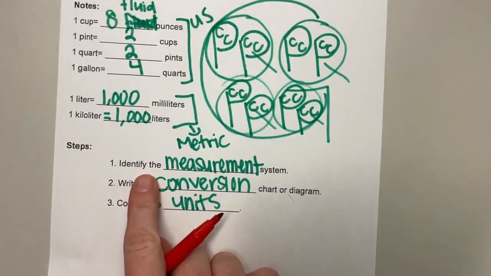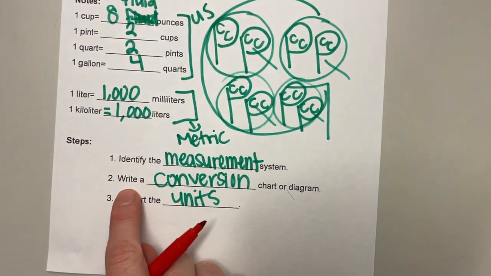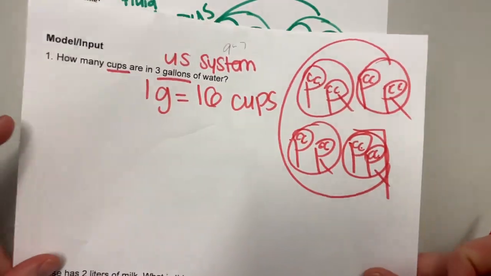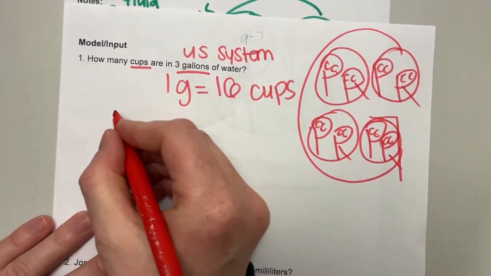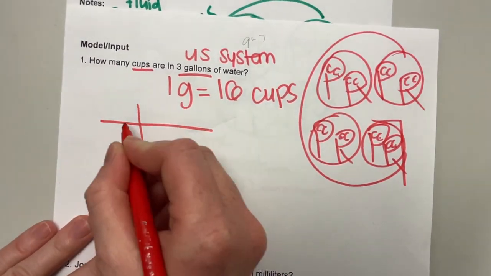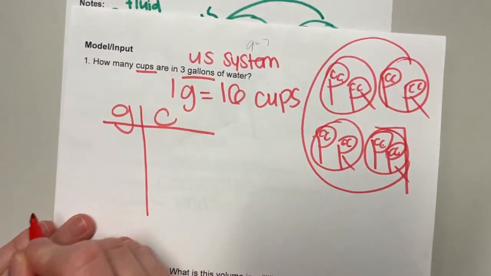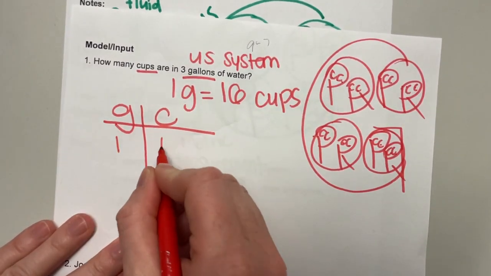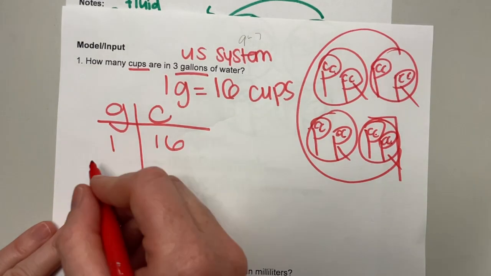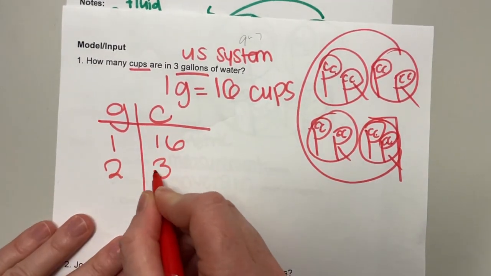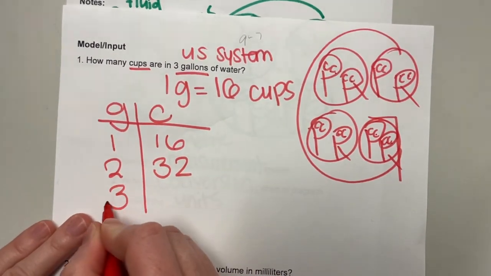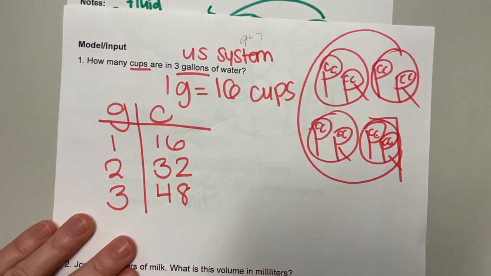So we've identified that measurement. We wrote our conversion chart. Now we're going to convert the units. So I have 3 gallons. So I'm going to use my chart. Gallons to cups. 1 gallon equals 16 cups. 2 gallons, 32 cups. 3 gallons, 48 cups.